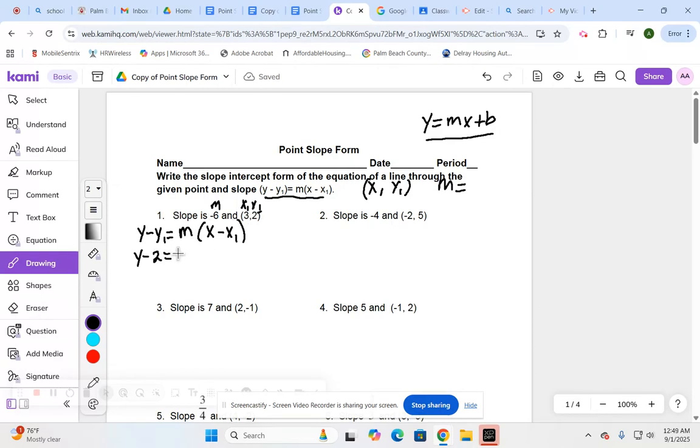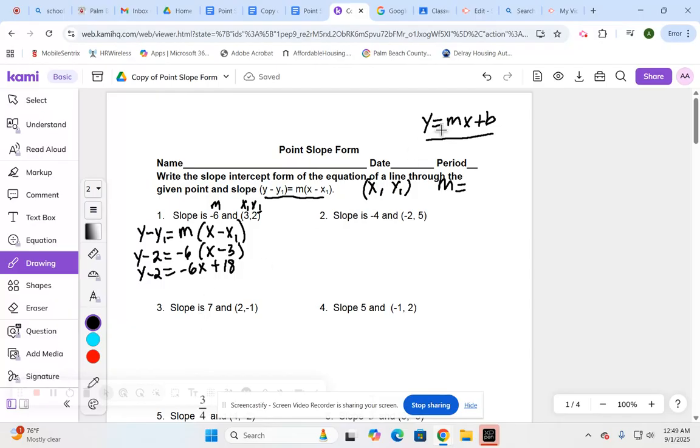The slope is negative 6. And x sub 1 is 3. Okay, we're going to need to distribute on the right. Negative 6 times x is negative 6x, and negative 6 times negative 3 is plus 18.